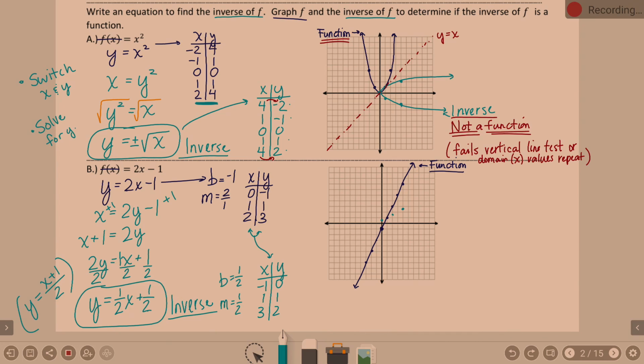Now, what if we go back and grab these points? Negative 1, 0. Well, that's left 1, up or down 0. 1, 1. And 3, 2. Those points end up going between the others, don't they? So you have options of how you graph that.